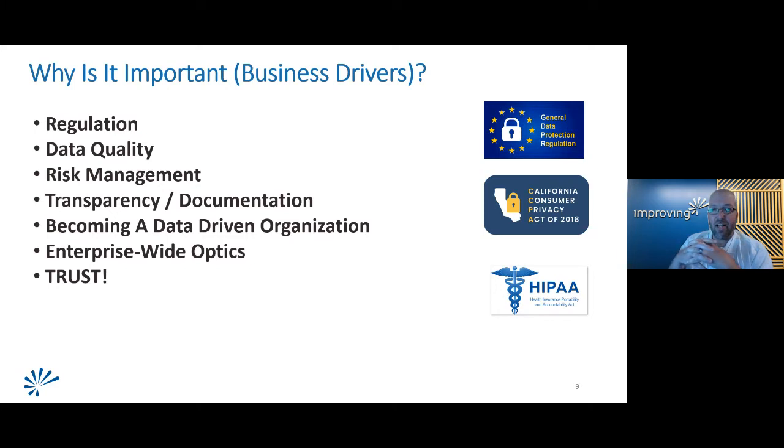Not to lead into any spoilers, but there are some organizations that might not be a good candidate for data governance if you're not trying to be a data-driven organization. But if you do recognize that data is an asset, and you try to set up a data governance framework and it fails, why did it fail? Did we try to grow too big too fast? Were we not focused on the right things?